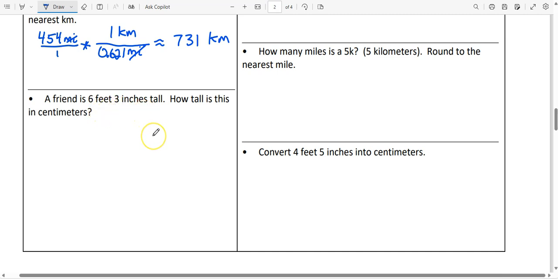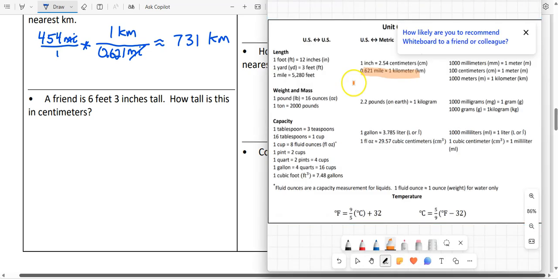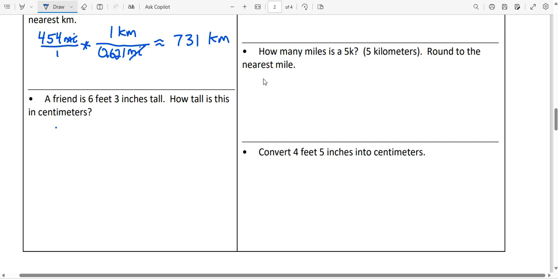A friend is 6 feet 3 inches tall. How tall is this in centimeters? So we do have an inch to centimeters, but we don't have a centimeters to feet. So it would be nice if we had inches everywhere. So with that in mind, we can start with our 6 feet, put it over 1, and 1 foot on the bottom, so our feet reduce, is 12 inches.